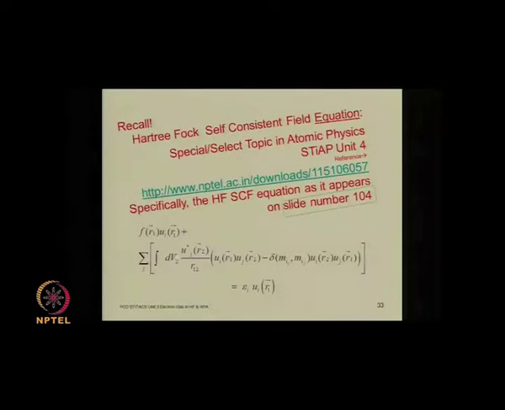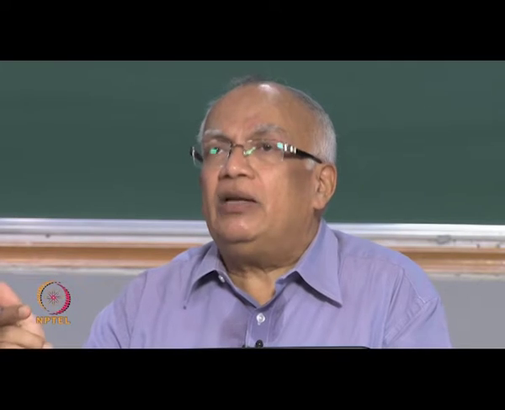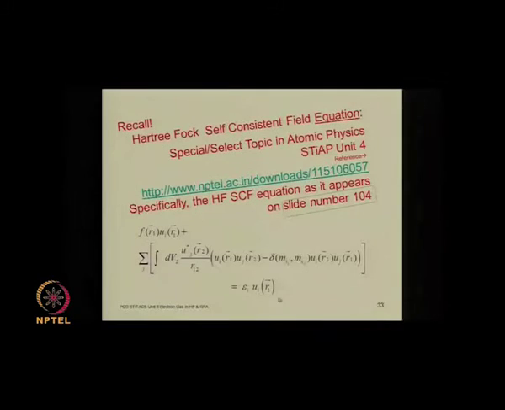So, those were the constraints. With reference to that constraint, how would you get a minimum of the energy functional? The condition that you would get a minimum was expressed in terms of a certain condition that will have to be satisfied. This condition is the Hartree-Fock equation which we find over here, and this is in the notation of the previous course.